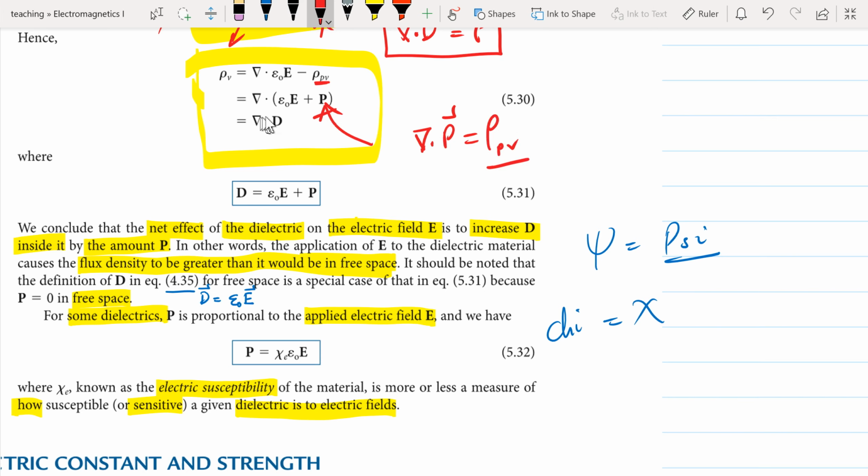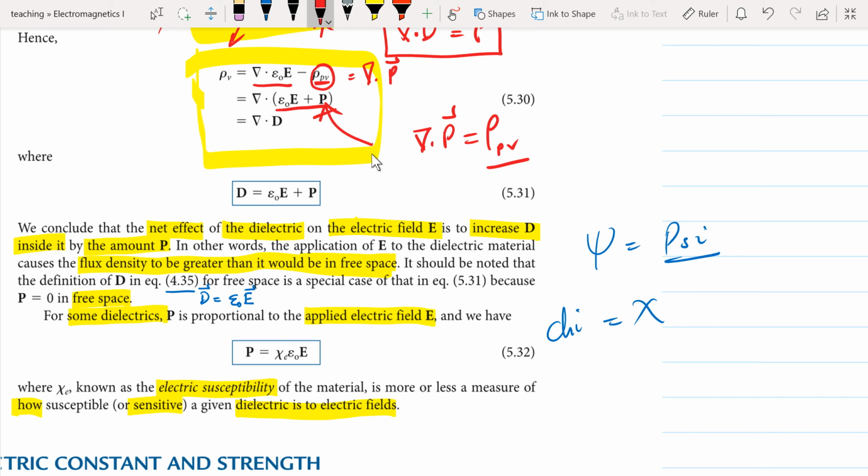Therefore, we can just replace this term with divergence of polarization vector P, and these two terms being under the divergence, we can just put divergence outside, and therefore we have this.